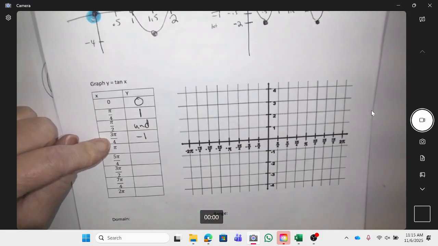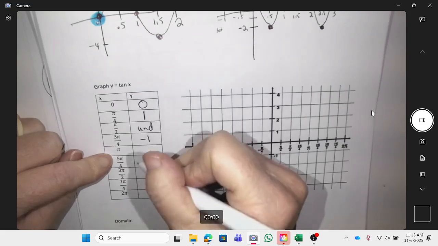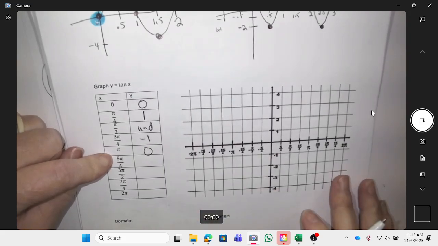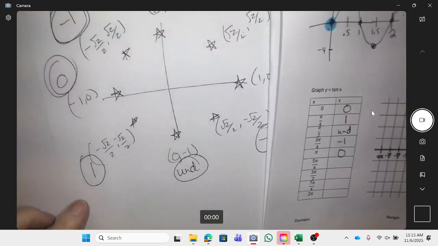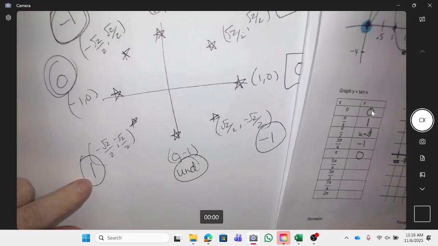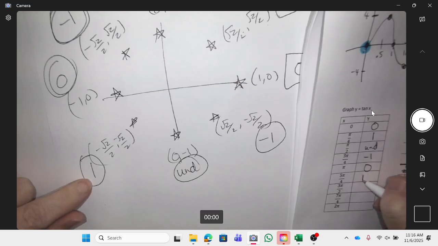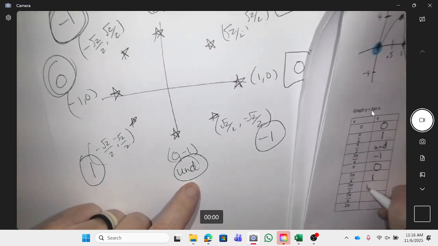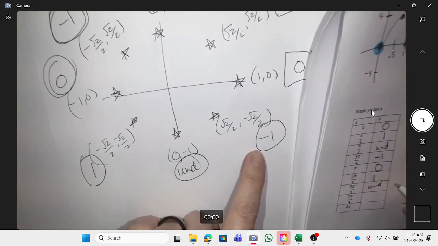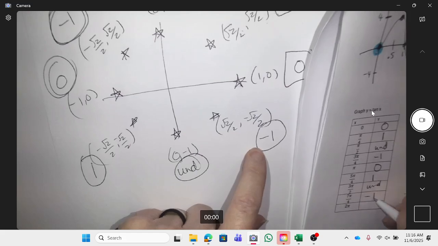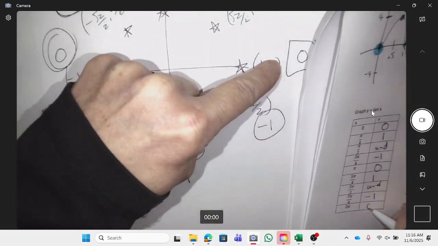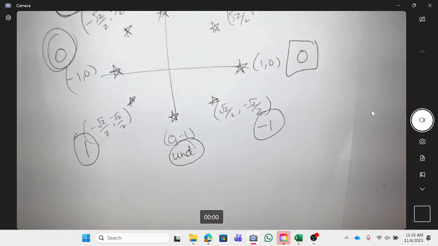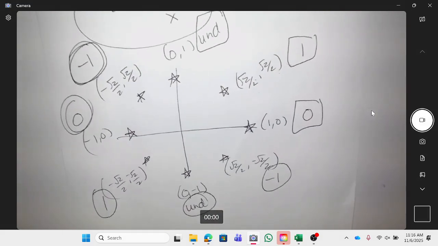So that was the -1. Back to 0. Okay, and then I'm at +1. Back to undefined. -1. And then 0. Okay, so that's what I was doing, right? Y divided by x.